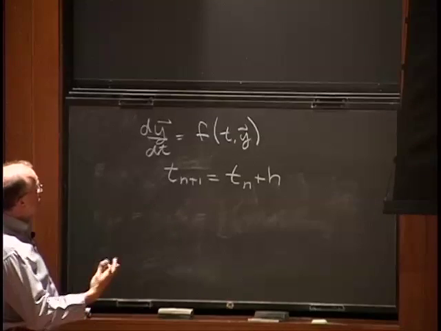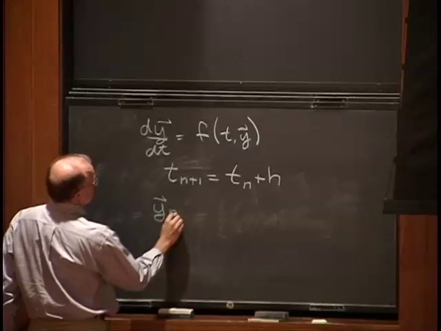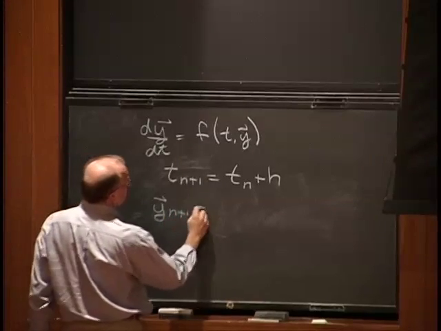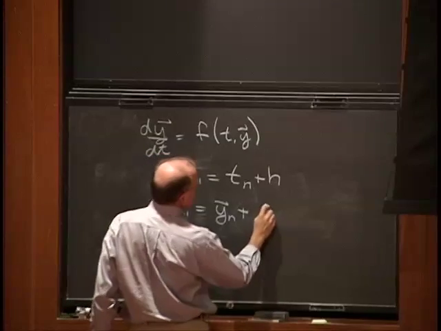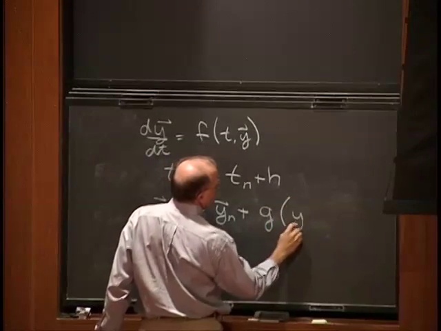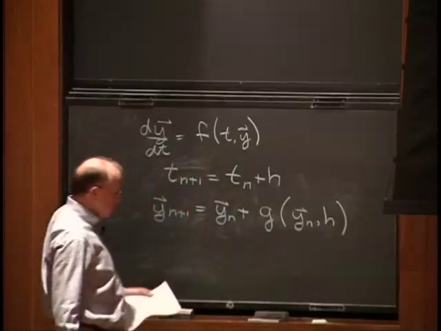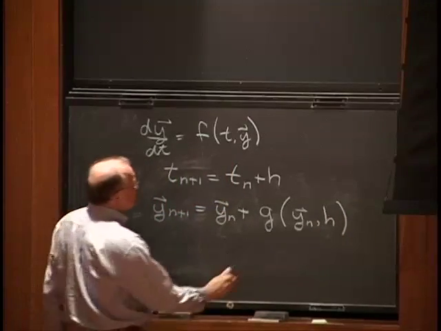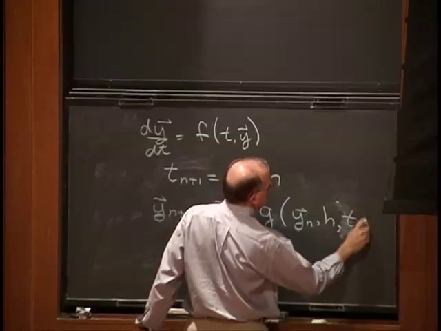And in general, the way you're going to do this is to find some formula that says that the vector you're interested in at n plus 1 is equal to its value at n plus some function that depends on y n and the time step. And it could also in principle depend on the time.